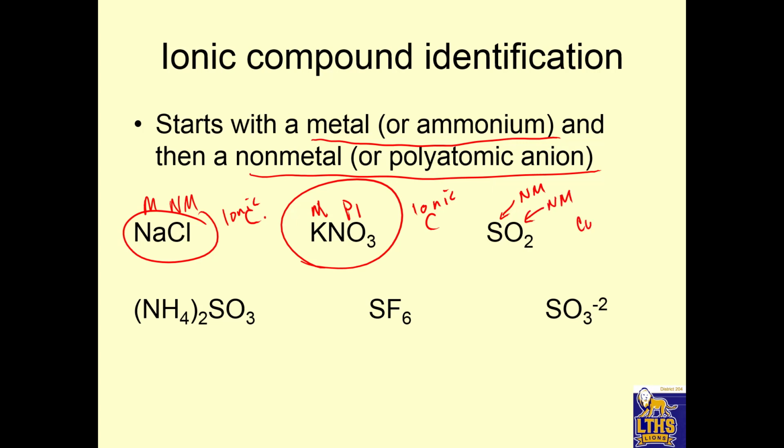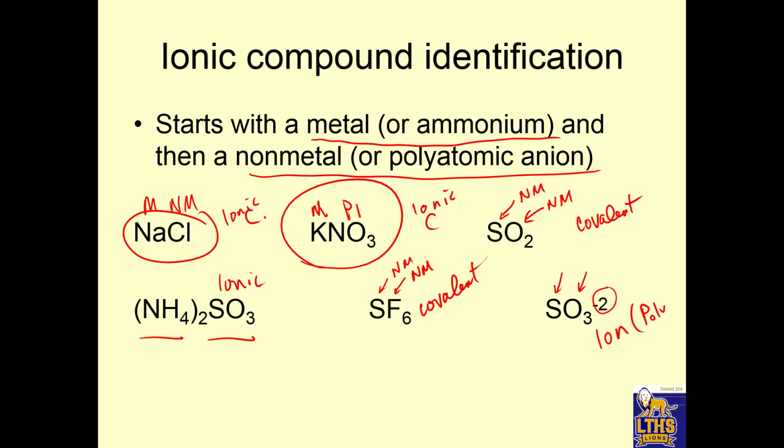Uh-oh, this is covalent. Polyatomic ion, ionic. Non-metal, non-metal, this is covalent. And finally, non-metal with a charge. This isn't even a compound, people. This is an ion. Happens to be polyatomic.